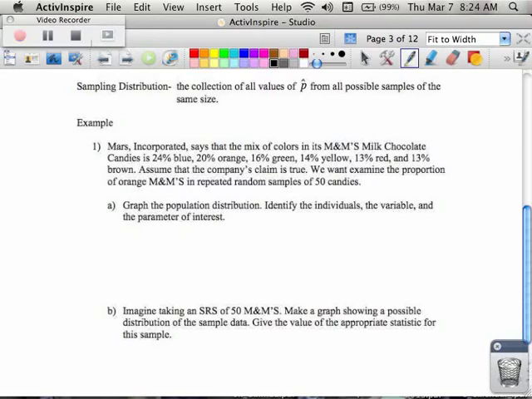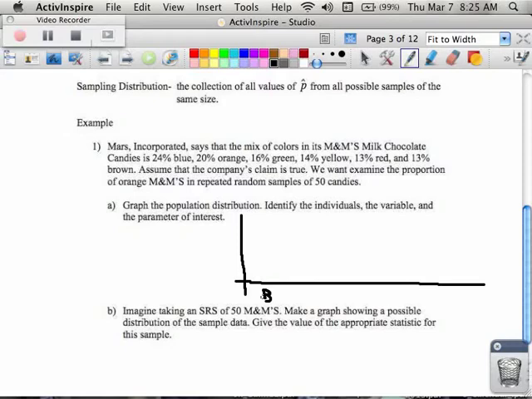So as I look at my population distribution, probably off to the side here, how many different colors do we have? 1, 2, 3, 4, 5, 6. Good job. So if we talk about the blue here, I probably need some probabilities off to the side.